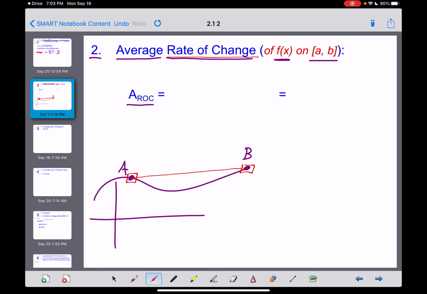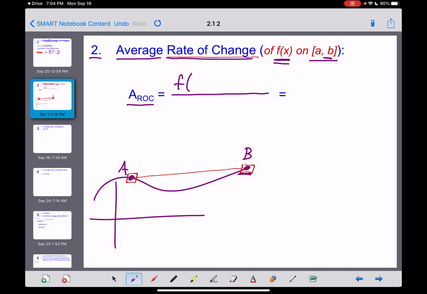So the formula for average rate of change is going to be the same as the formula for slope of a line. We're just going to bend it around a little bit to our purpose here. Rather than putting y2 minus y1 up on top, we're talking about a function called f of x. So instead of y's, we're going to do f's. And we want to measure this thing at the end point first.